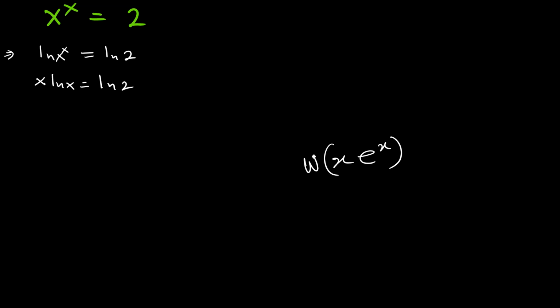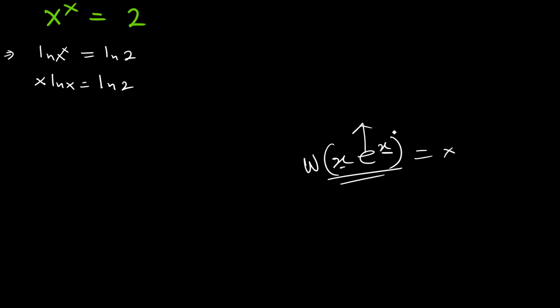When we take the Lambert W function of this, something times e raised to that thing, you get x. So we want to apply the Lambert W function here, but we need to adjust this in such a way that we get something times e raised to that thing.